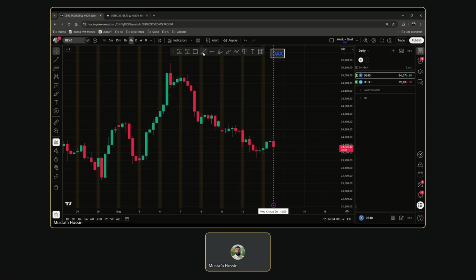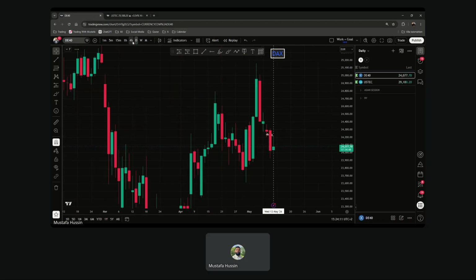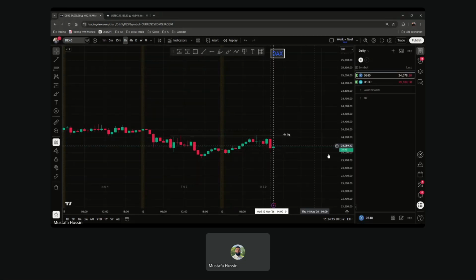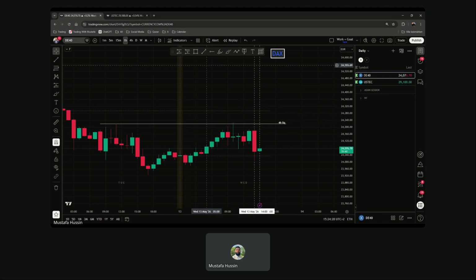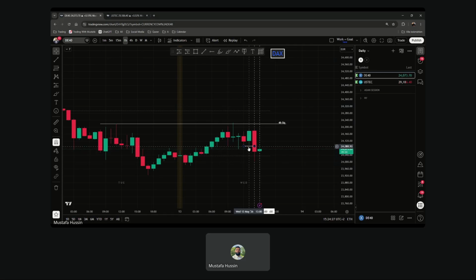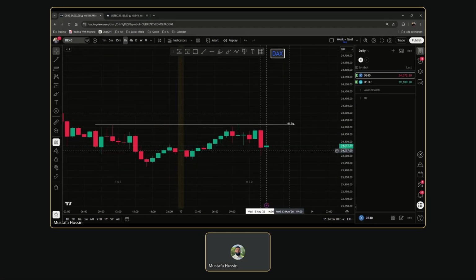We just swept this 4-hour high right there. On the daily, we are bearish. On the 1 hour, we are pretty bearish. We have a break of structure right there going to the downside, and we have a sweep on the higher time frames on these highs.